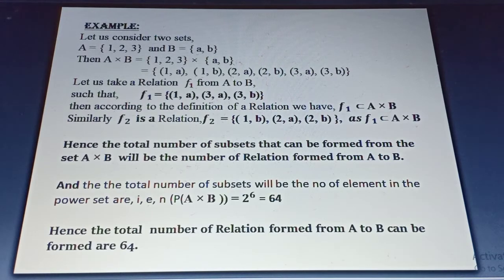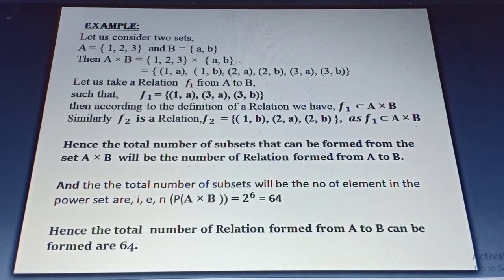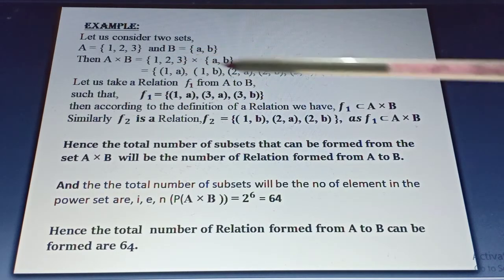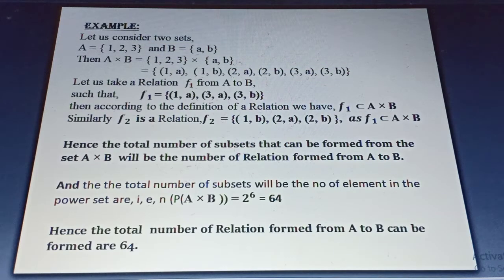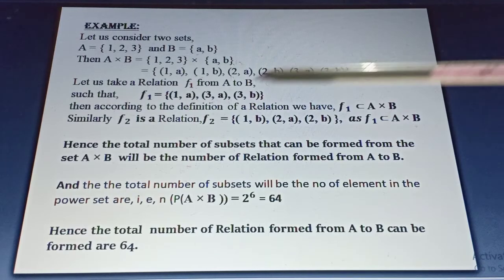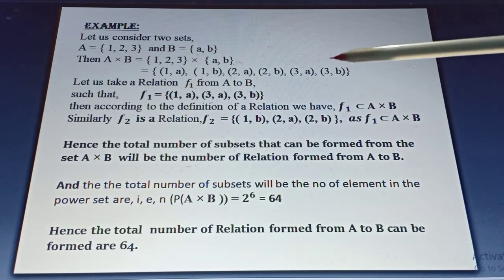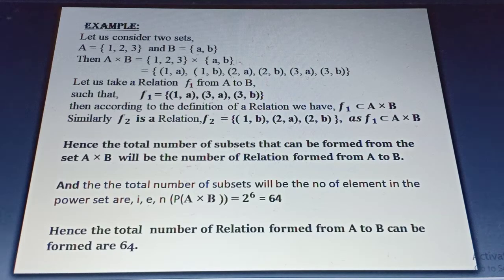Now let us consider one relation F1 from A to B. When you take a relation F1 from A to B, F1 must be a subset of A cross B. Suppose F1 is taken as {1a, 3a, 3b}. Since all the elements lie in A cross B, F1 must be a relation from A to B.